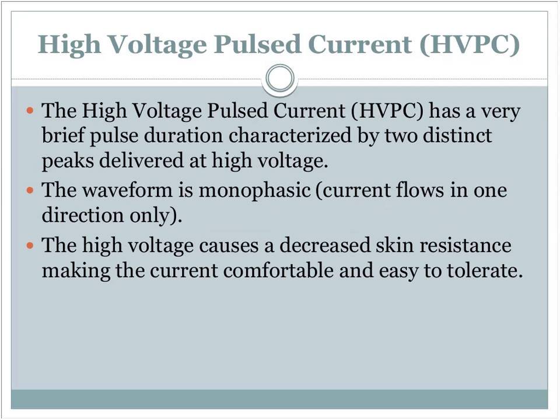Because it's monophasic and delivered in this manner, it decreases the skin resistance, that impedance, and so it can actually make the treatment a lot more comfortable for the patient. So that's why this high volt pulse current is very good. The other thing about high volt pulse current is that it is delivered either positively or negatively.